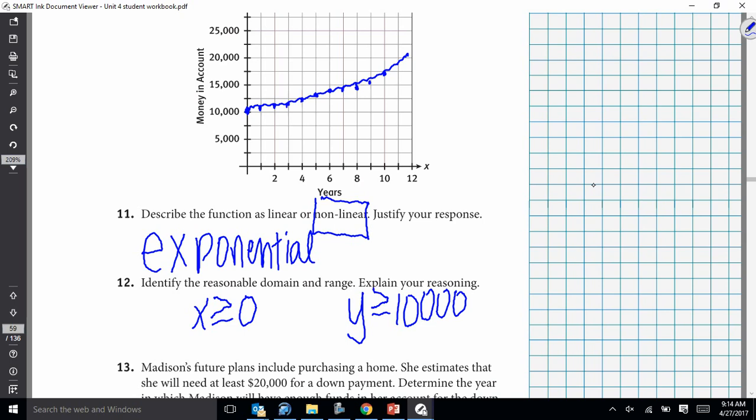If Madison decides to be cryo-frozen, in 2,000 years she's going to have loads of money, right? And we can calculate how much money Madison would have in 2,000 years if she decides to cryo-freeze. So let's just do it for funsies. So if we have $10,000 now, and we want 2,000 years.